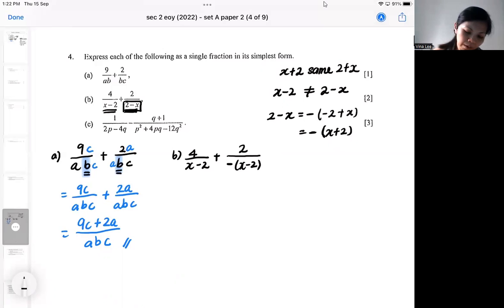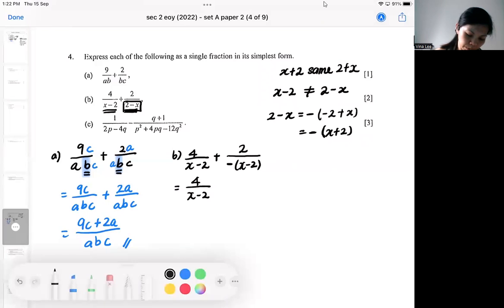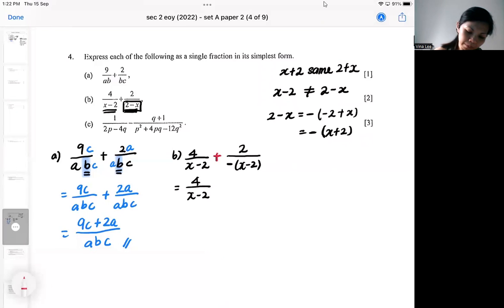Okay, so now there's an extra negative. So this negative will be combined with the plus. So that's how I got a minus. And the denominator is the same, so you end up subtracting the numerator.